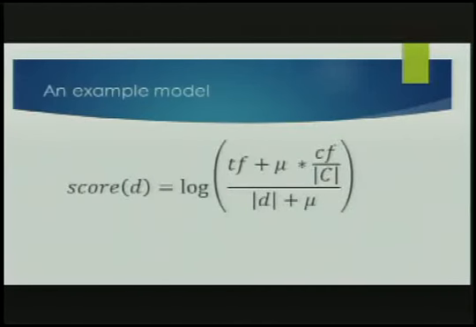TF here means term frequency, which is how often the artifact we are looking for appears in our document. CF means collection frequency, so how often the artifact we are looking for appears within our entire document index. The important thing to note is that we compare the two together.